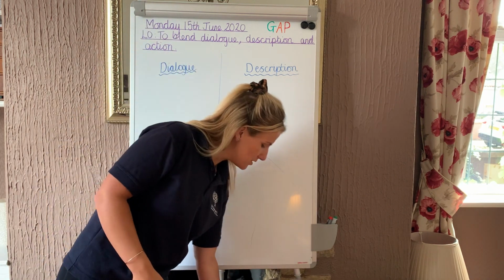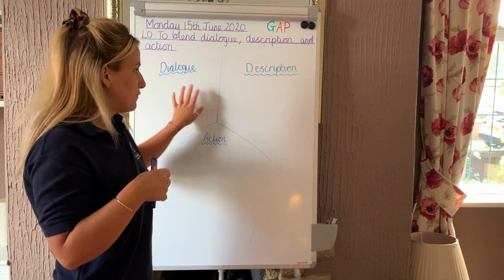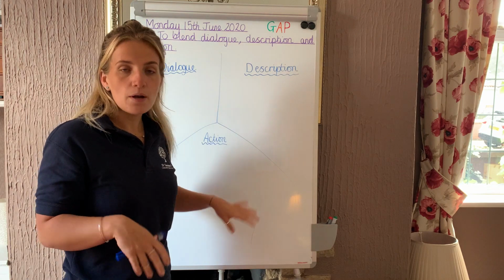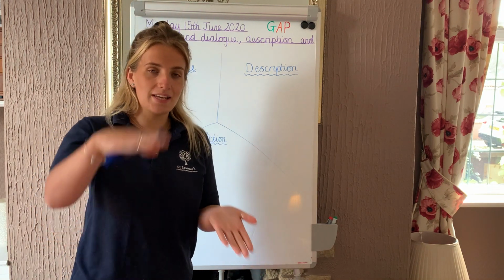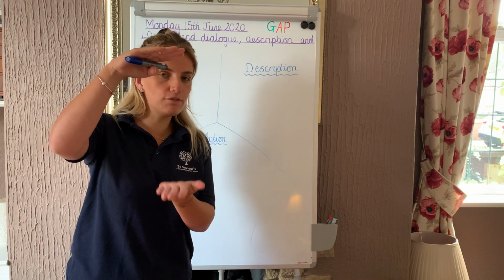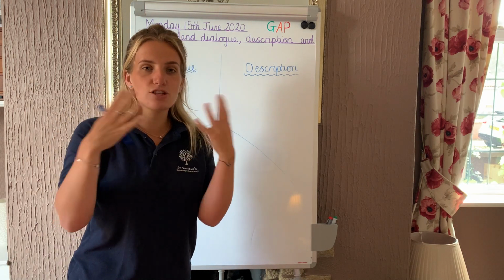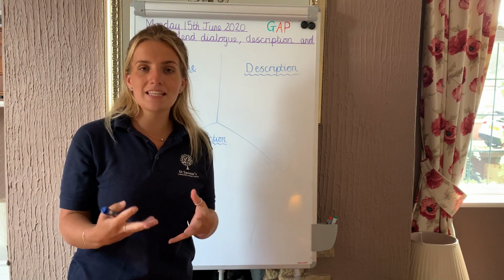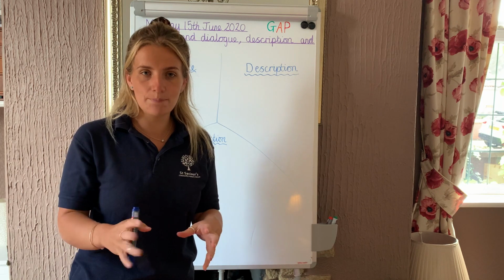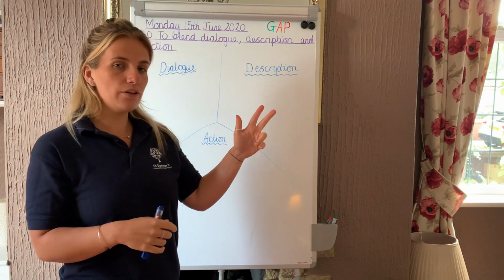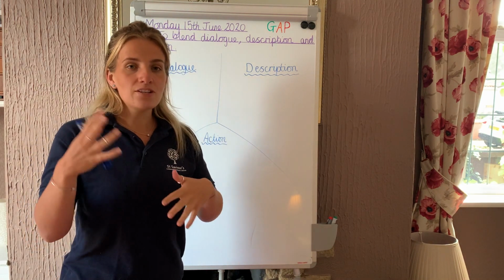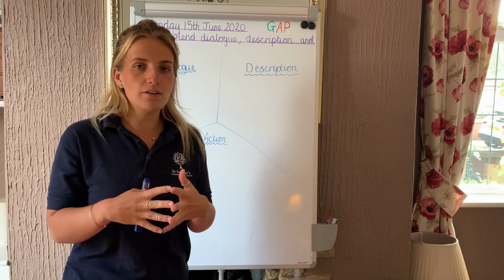What I'm going to ask you today is, you don't have to split it up like this. What I want by the end of this lesson is about a page full of writing that is descriptive, about your scene. That means it blends all three together and you do it as you feel necessary.